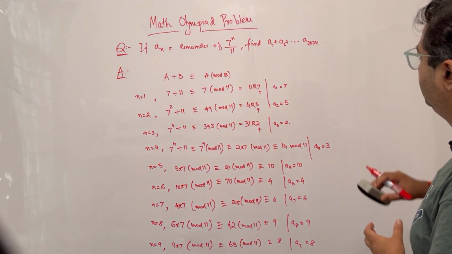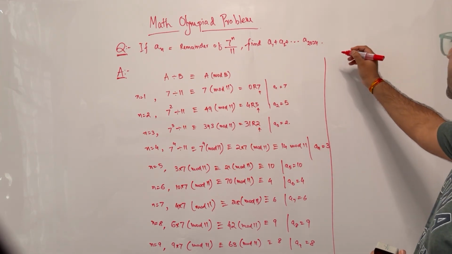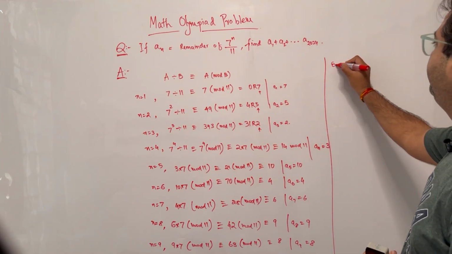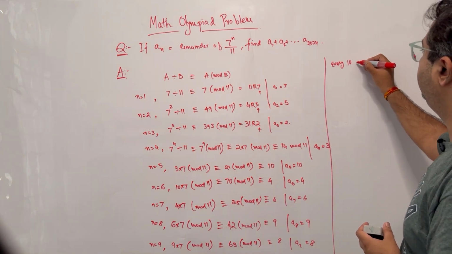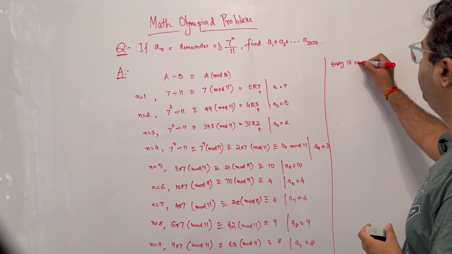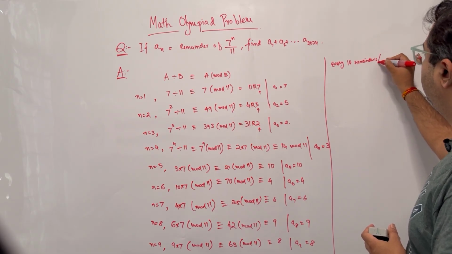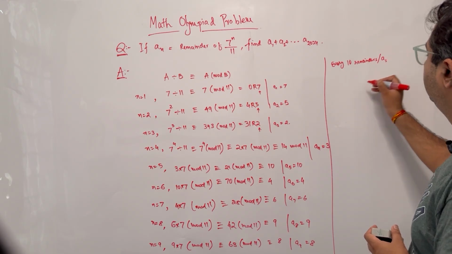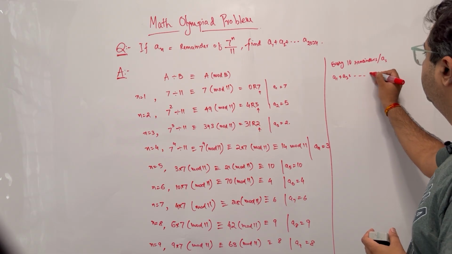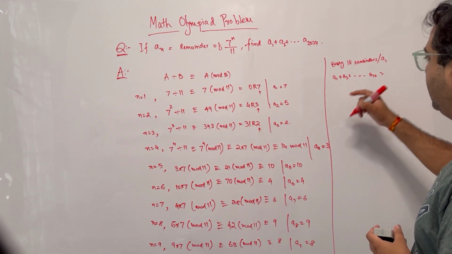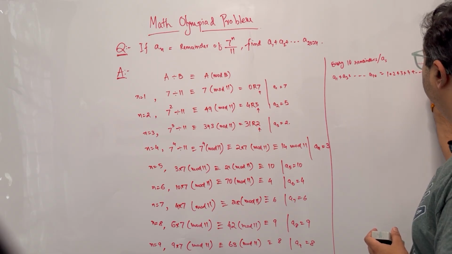So now what we have is that every 10 remainders, which are A's, A1 plus A2 up to A10, sum to 1 plus 2 plus 3 plus 4 plus all the way up to 10.